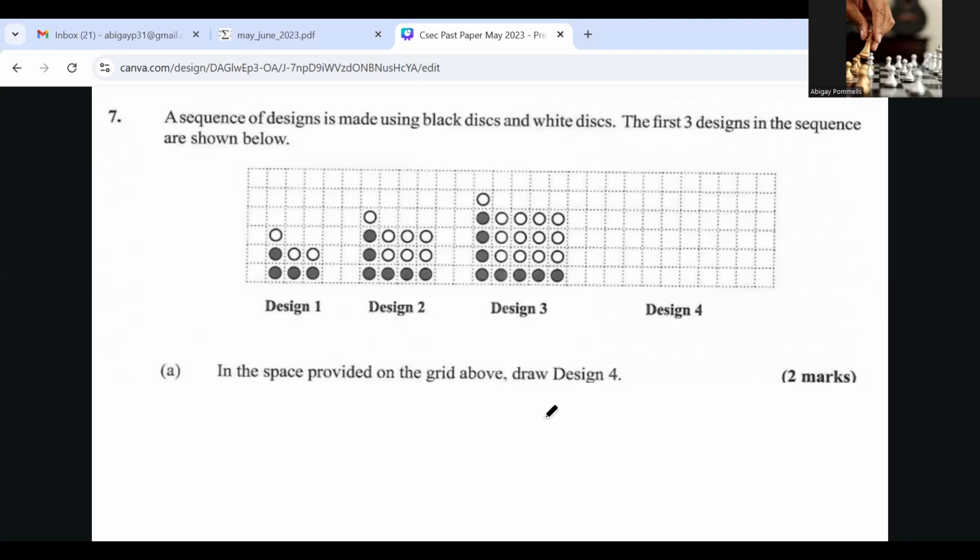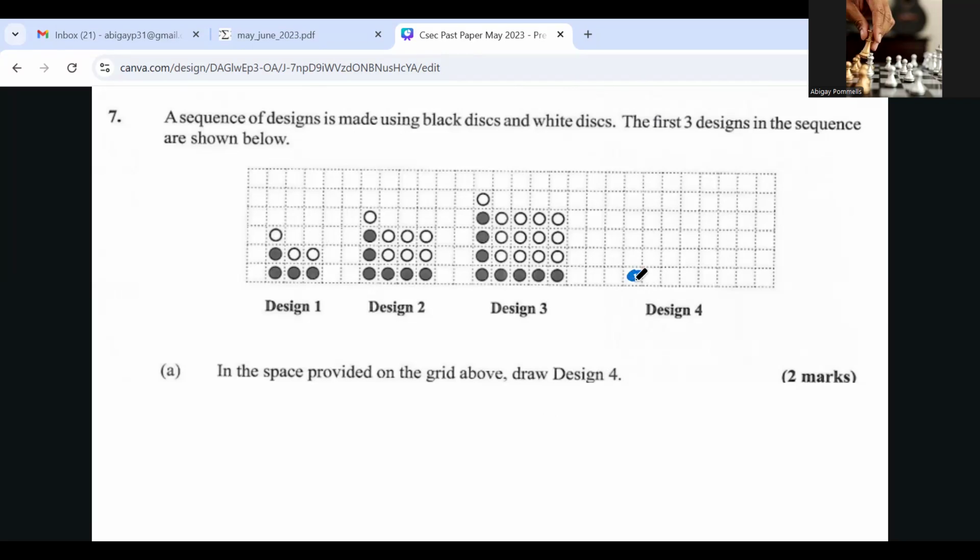In the space provided in the grid above, draw design 4. As you can see, all you're doing is adding 1 black circle in each square. This one has 1, 2, 3, 4, so it's going to have 5 on that side.